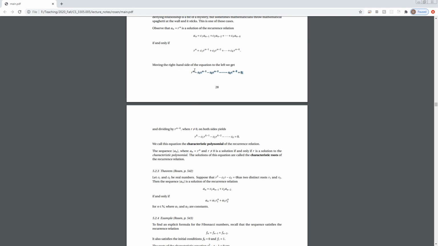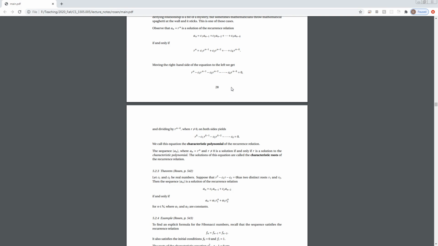But this is just going to grow each time we increase our term n. What if we simplify this a bit and we divide both sides by r to the n minus k? Then we get this version whose roots we don't have to compute to arbitrarily high degrees of n.